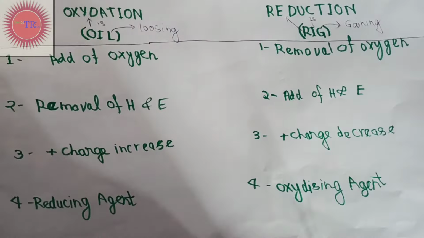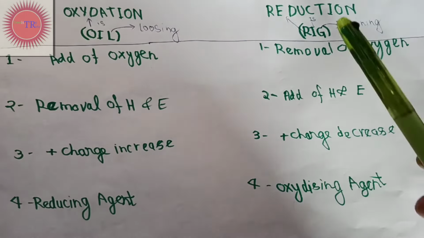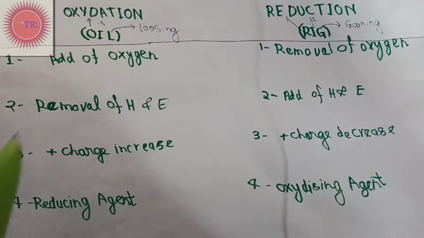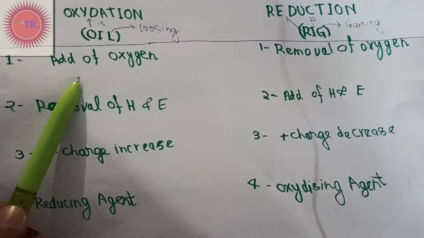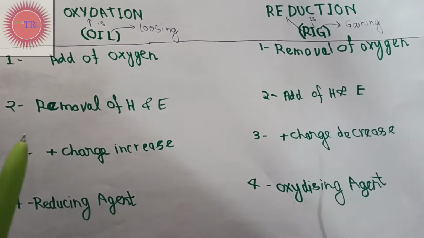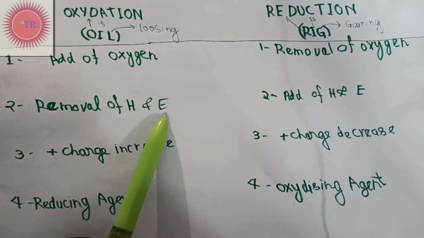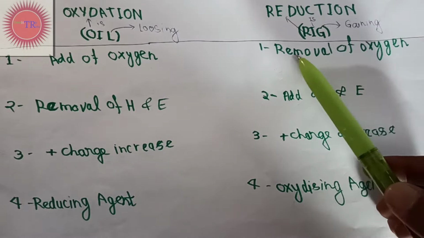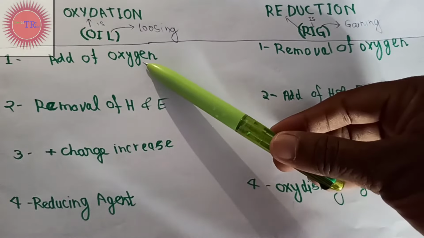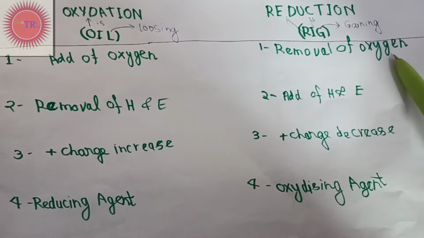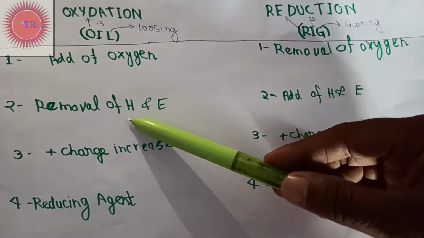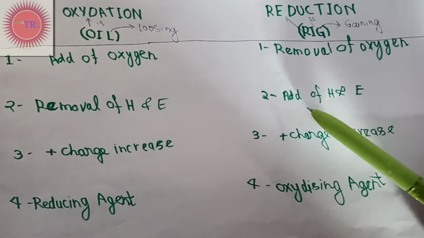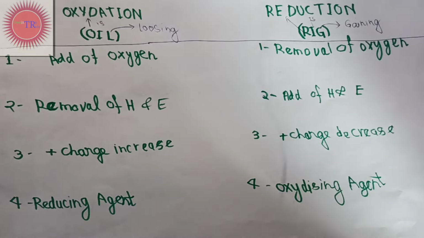Oxidation means addition of oxygen and removal of hydrogen and electron, and it will be the opposite for reduction. Addition of oxygen here will be removal of oxygen. Here is the removal of hydrogen and electron; here will be the addition of hydrogen and electron.